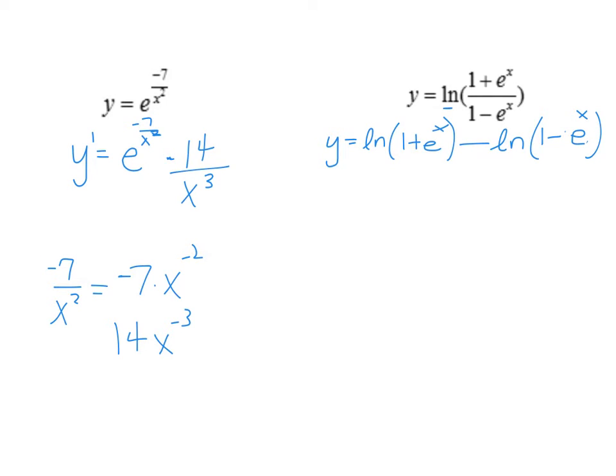Okay, so now what I want to do is take the derivative. So I do y prime, and this is 1 over, because it's the natural log, 1 over 1 plus e to the x times the derivative of the bottom, which is e to the x, minus 1 minus e to the x over negative e to the x, right?